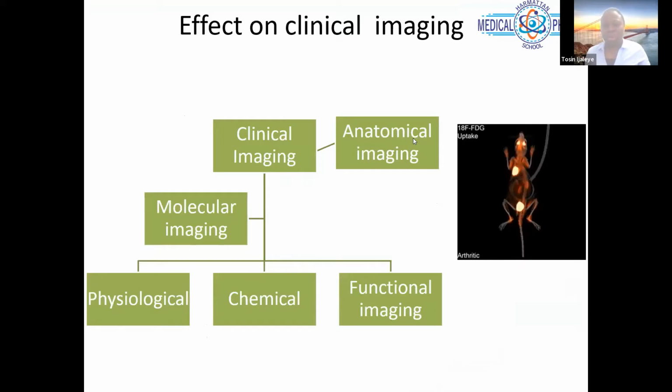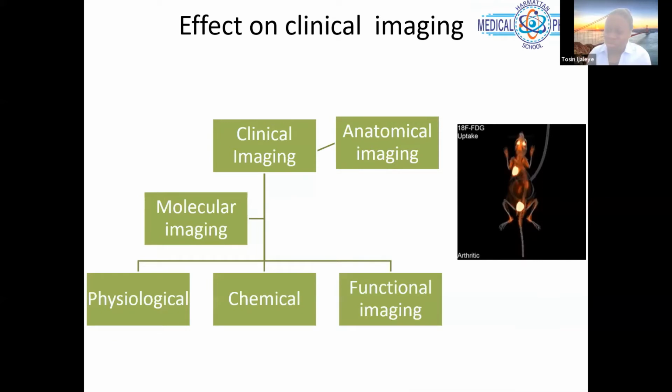Okay, so I'll continue. So now, what is the effect of these imaging structures? What is the effect for the clinical? In clinical imaging, we have anatomical imaging, which is when we have the X-ray, the CT, but here the molecular imaging deals with the physiological system.